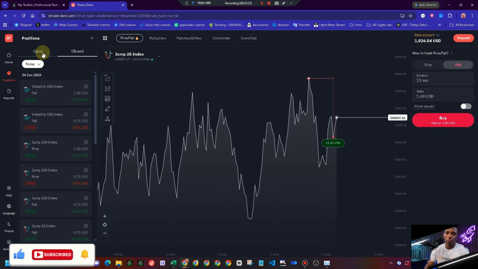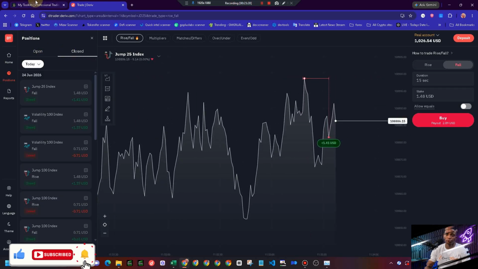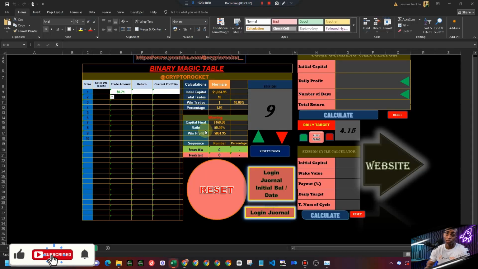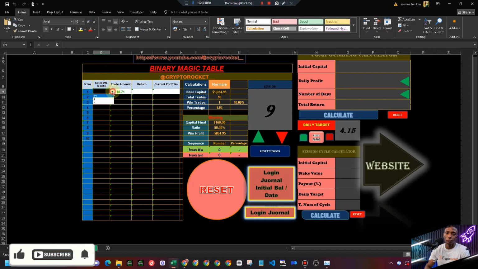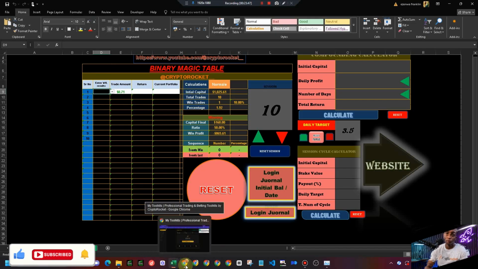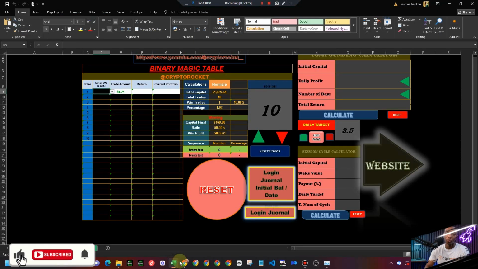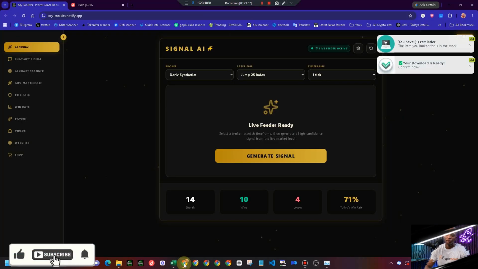Okay. This is a winning trade. So we have 10 sessions gone and $3.5 remaining in our $10 target. Okay. So let's check our trade amount is still 0.71.